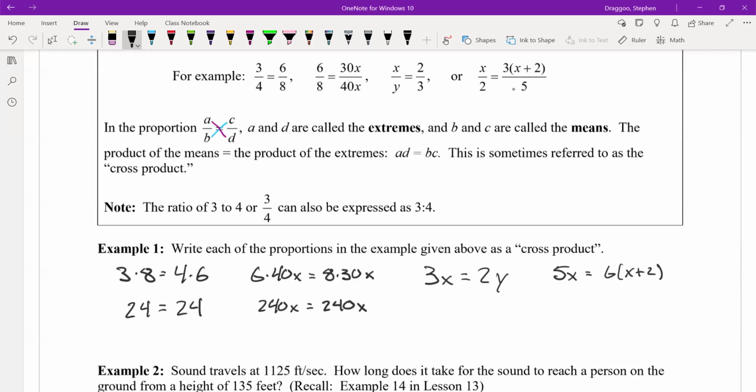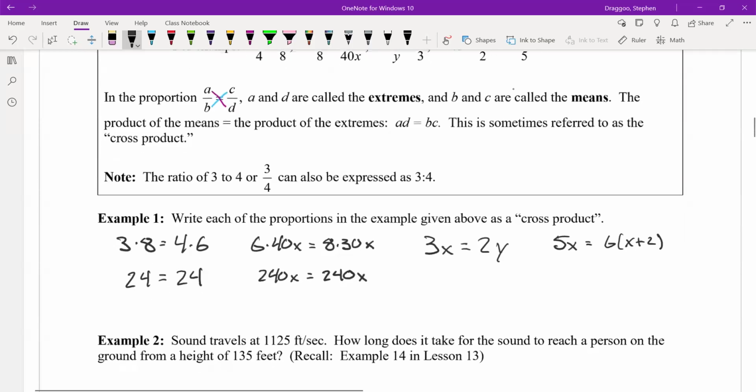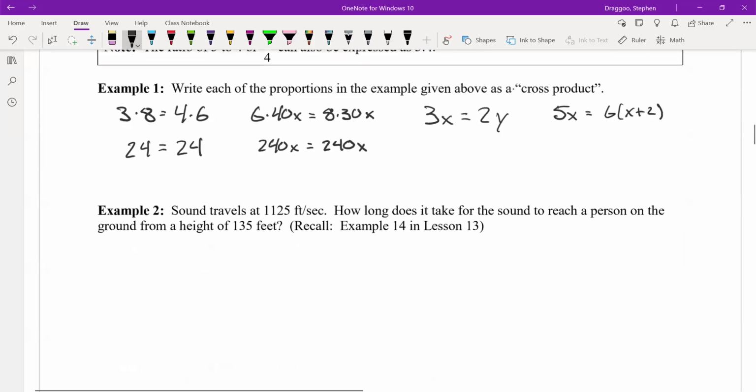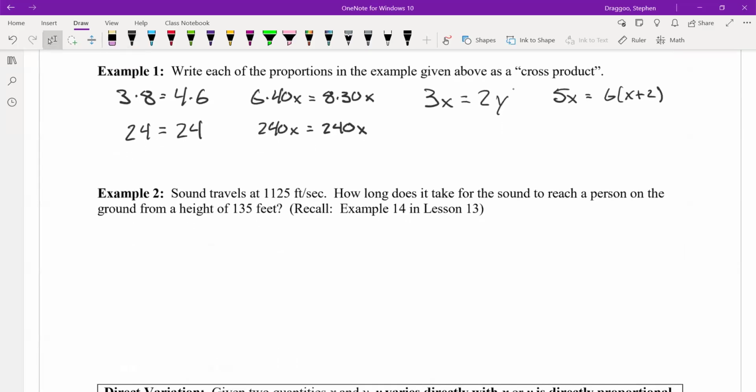So clearly, I can solve that rightmost example for x. But to try this out on an older problem from all the way back in lesson 13, we had an example that said that sound travels at 1,125 feet per second. How long does it take for the sound to reach a person on the ground from a height of 135 feet?